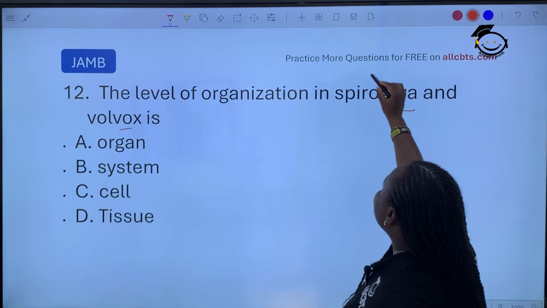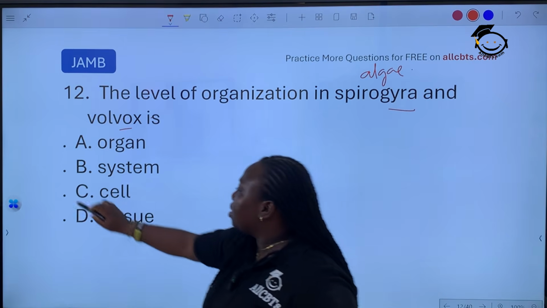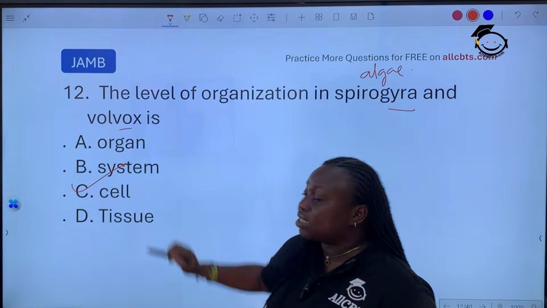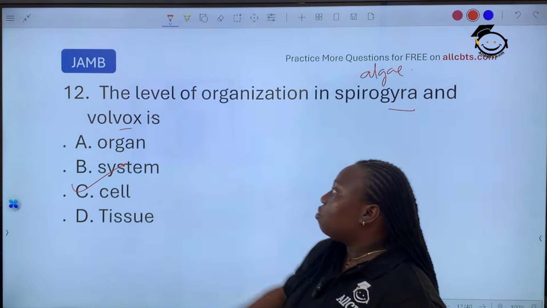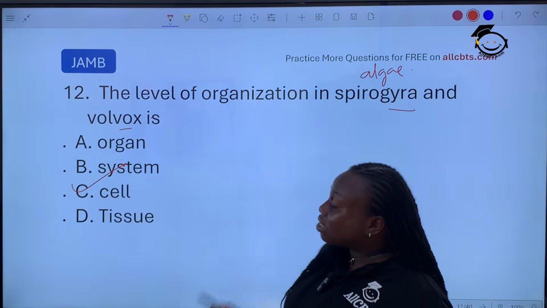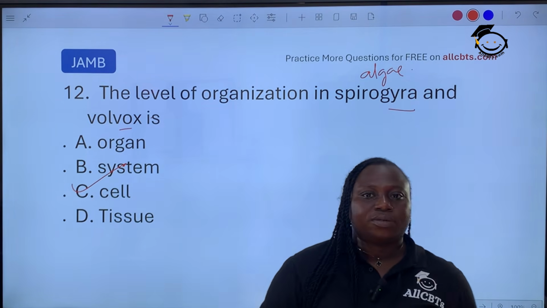Don't forget that Spirogyra is an algae, and they exist as a cell organization. Volvox also is in a cell organization, just that it is found in colonies.